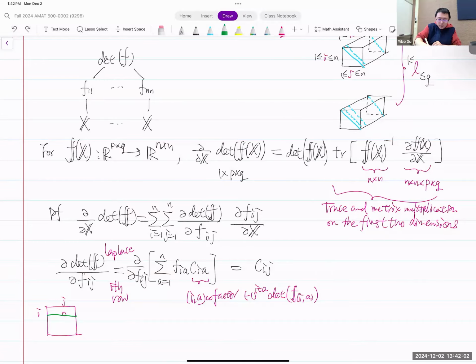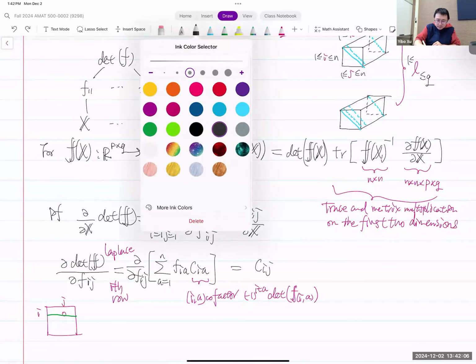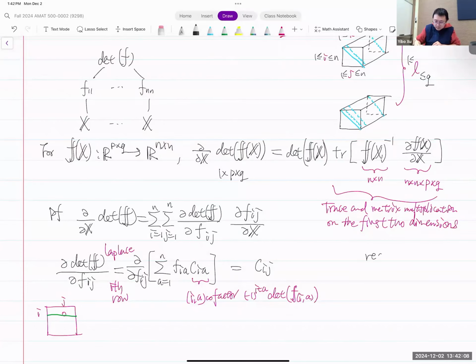All right. So that's C_ij. Now, what's C_ij? So recall, the adjugate matrix of F has entries C_ji. If you remember when we do the adjugate, what do we know?